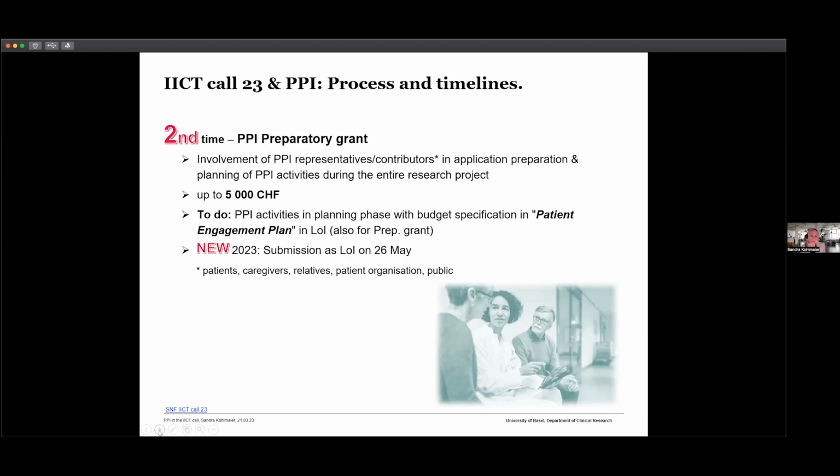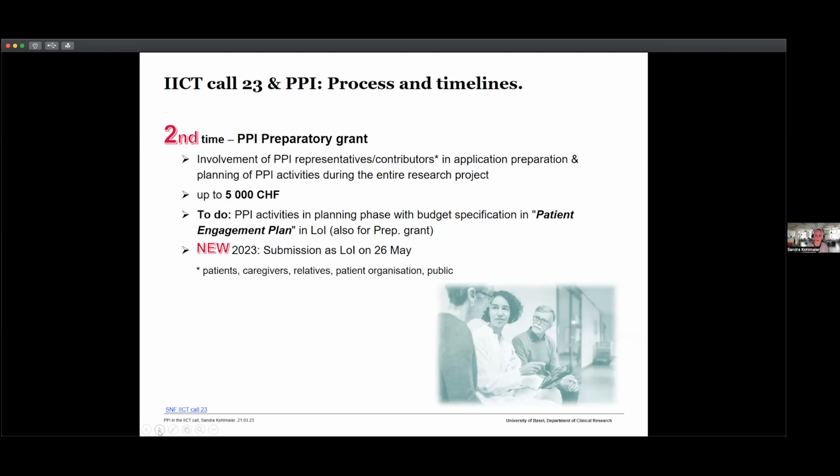And regarding the PPI, it is also important to know that it's the second time that the SNSF is giving a PPI preparatory grant. What is the PPI preparatory grant? So it is money that can be given to the researchers, up to 5,000 francs, to be precise, if they want to involve PPI representatives or contributors in the application preparation.